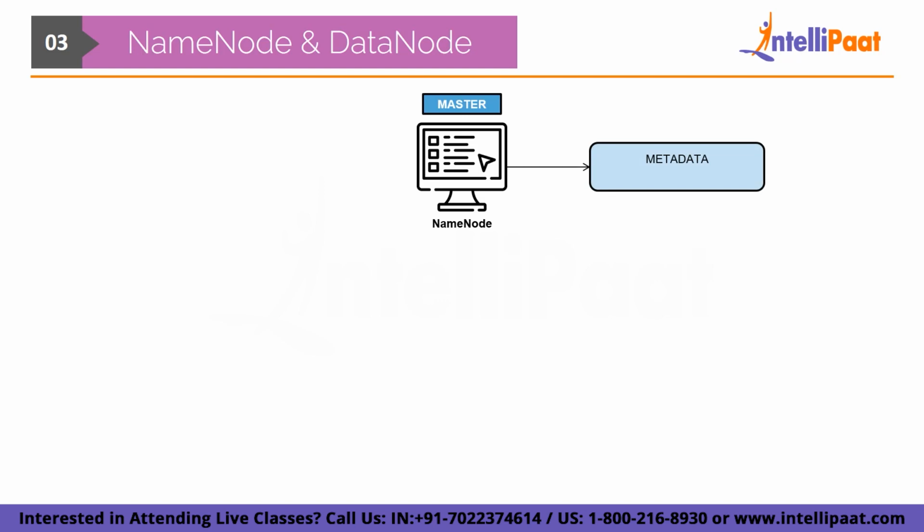Transaction logs that record user activity in a Hadoop cluster can serve as metadata. In order to locate the nearest data node for faster communication, name node keeps information about the location like block number and block IDs of data nodes as part of metadata. Data nodes are given instructions by name nodes for actions like create, replicate, and delete.